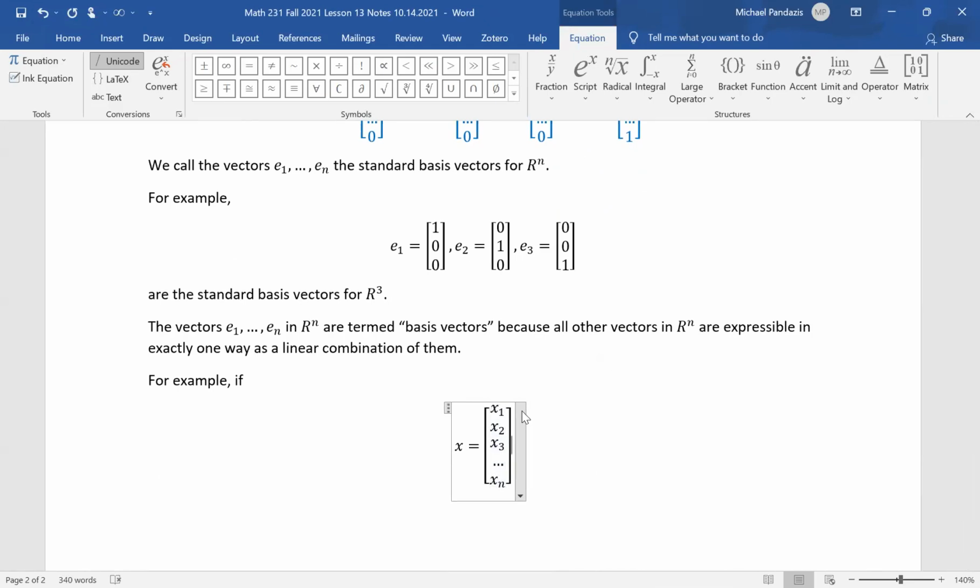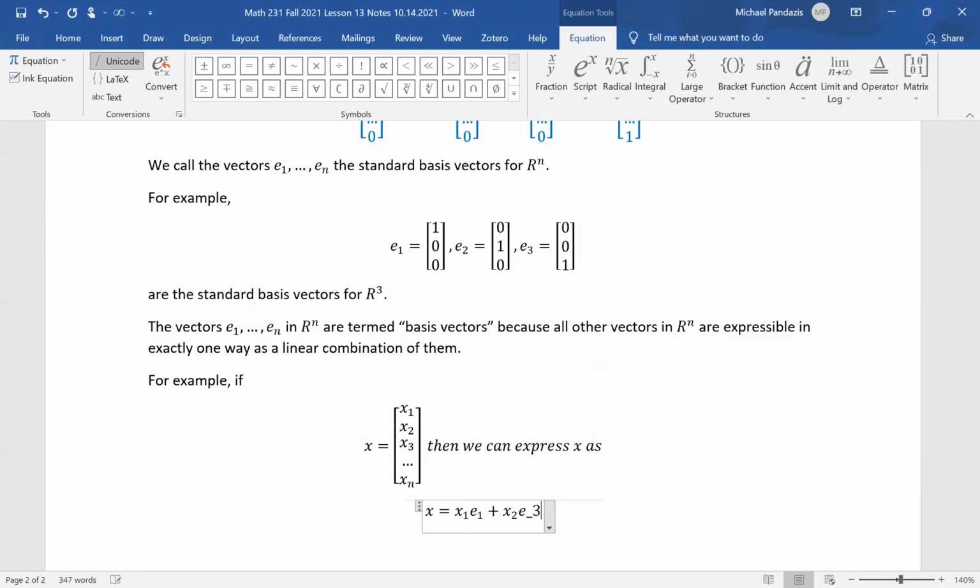So this is an arbitrary element of Rn. Then we can express x as x1 e1 plus x2 e2 plus x3 e3 plus dot dot dot plus xn en.